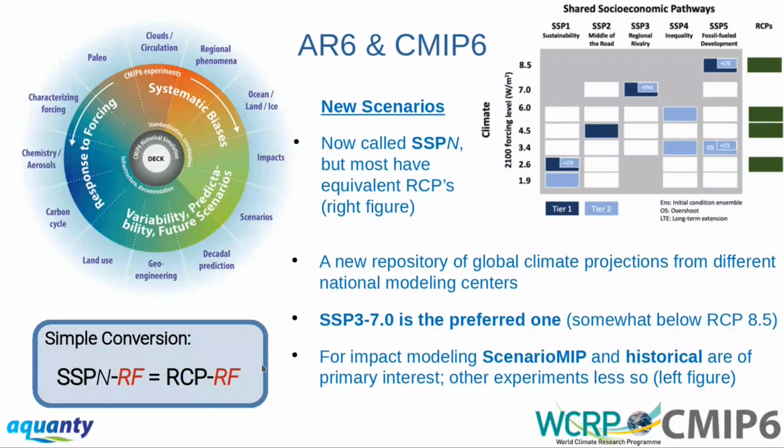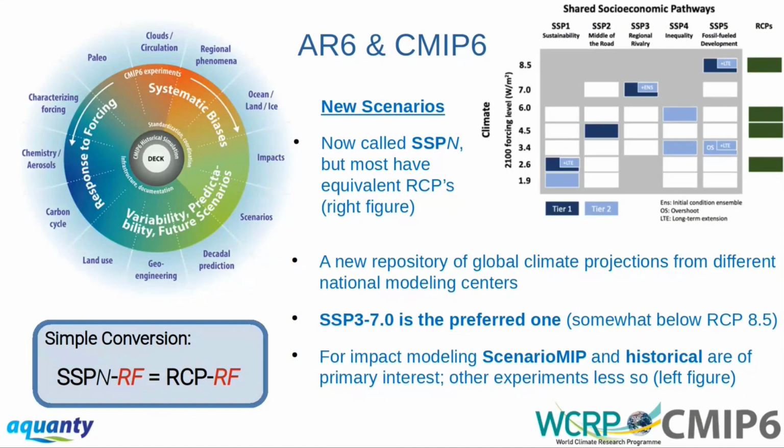You can convert RCP scenarios to SSP scenarios basically by just looking at the last 2 digits. So RCP used to have these 8.5, for example, or 6.0. And these are still appended after the dash to the SSP scenarios as well. And the meaning of these 2 last digits is the same.